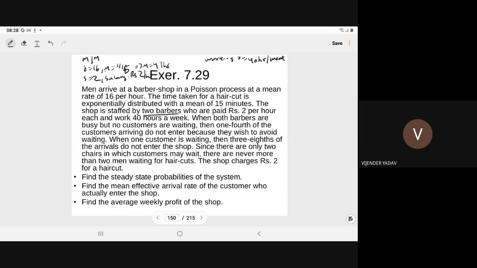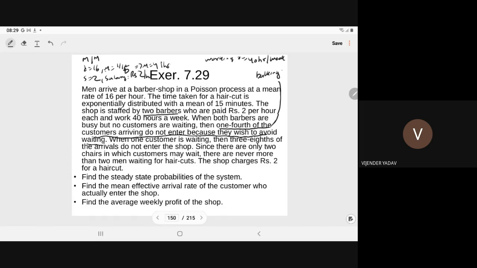When both barbers are busy but no customer is waiting, one fourth of the customers arriving do not enter because they wish to avoid the waiting. It means if both servers are busy, the customer shows impatience behavior, and this type of impatience behavior is known as balking.